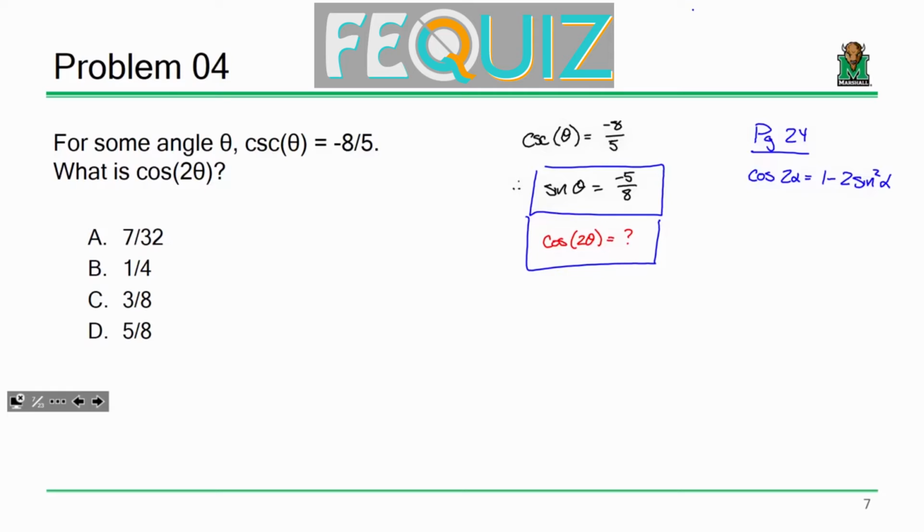So I propose then that the cosine of 2 theta is 1 minus 2 times the sine squared of theta, which is 1 minus 2 times -5/8 squared, which is 1 minus 2 times 25 over 64, which is 1 minus 25 over 32.